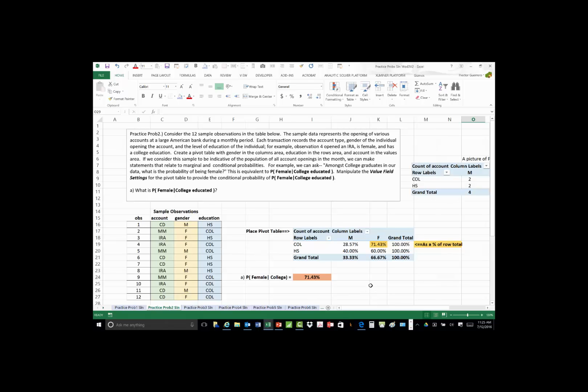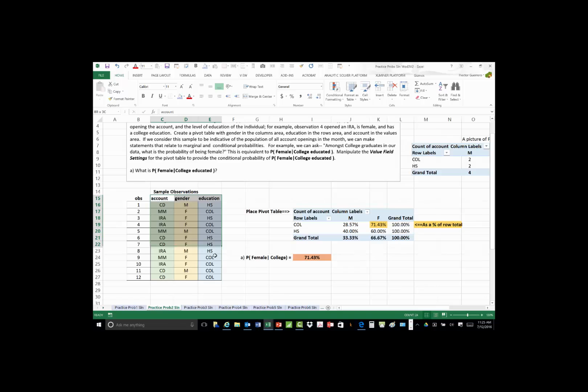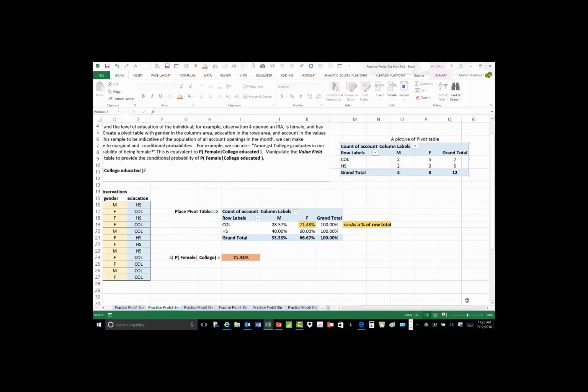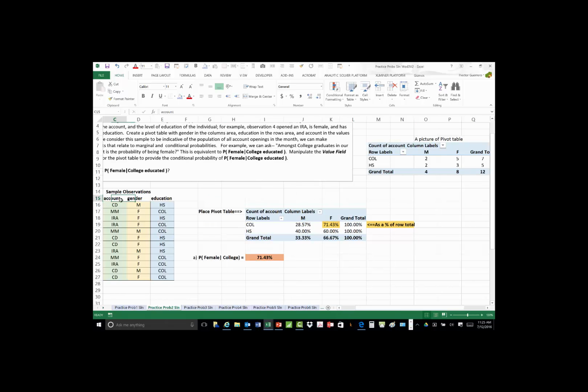I'm going to create a pivot table for this data. I've done so here, by the way, and this is a picture that you see here. You can copy something and copy it as a picture, and it moves around. You can't actually get into it, but it's just a picture of what's happening. This is what I'm shooting to get. So let's grab our data again. Now grab the observations.